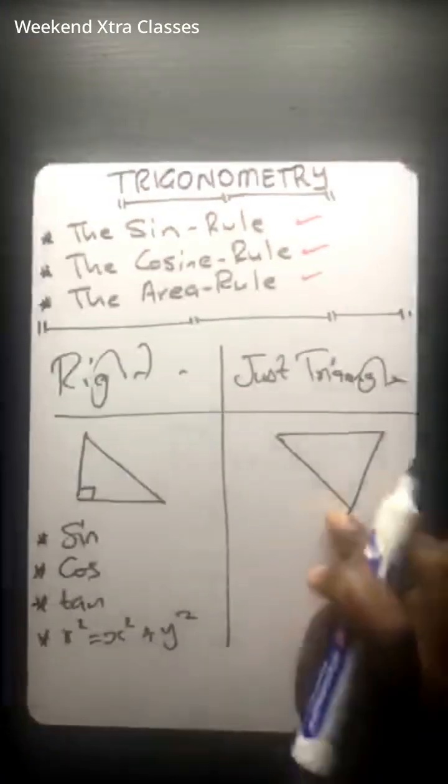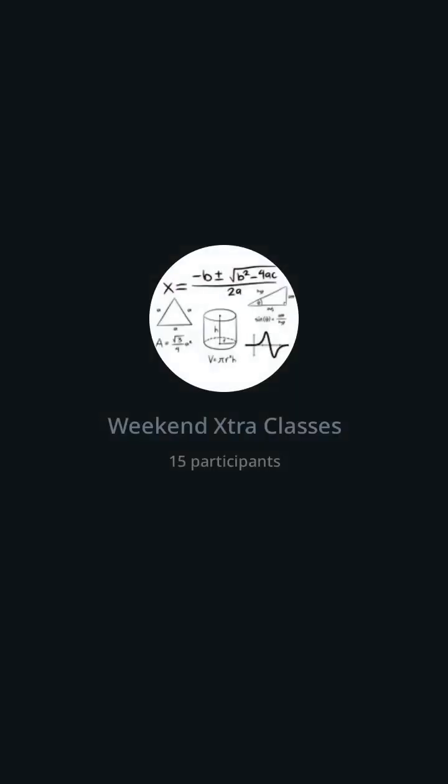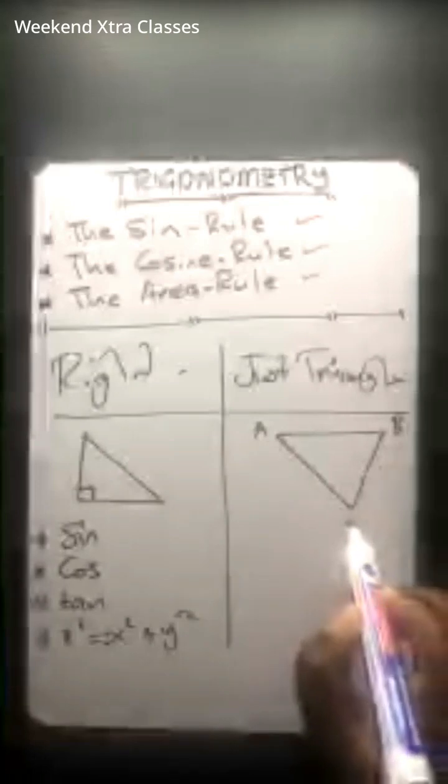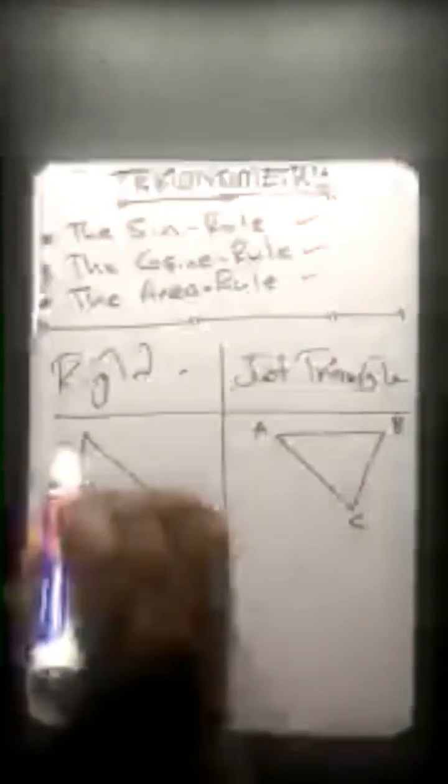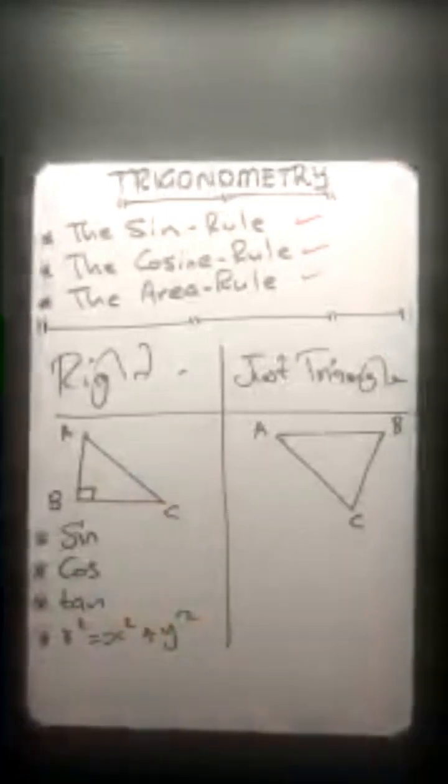Remember, it doesn't matter the shape, what matters most is that we are dealing with three corners, three sides, three angles. Let's say A, B, and C. Can you see? Here you have a right-angled triangle. Here is just a triangle.